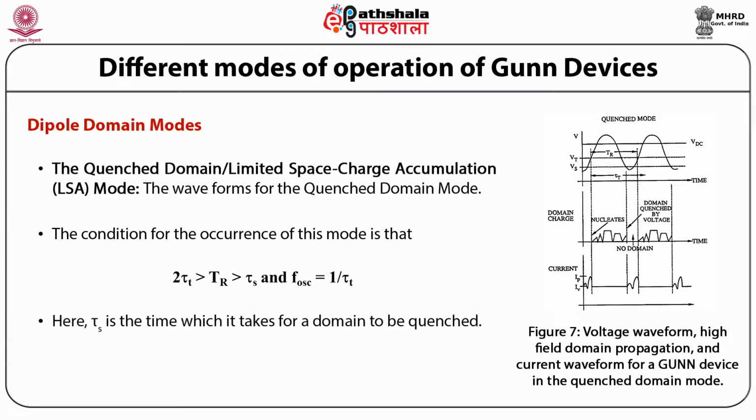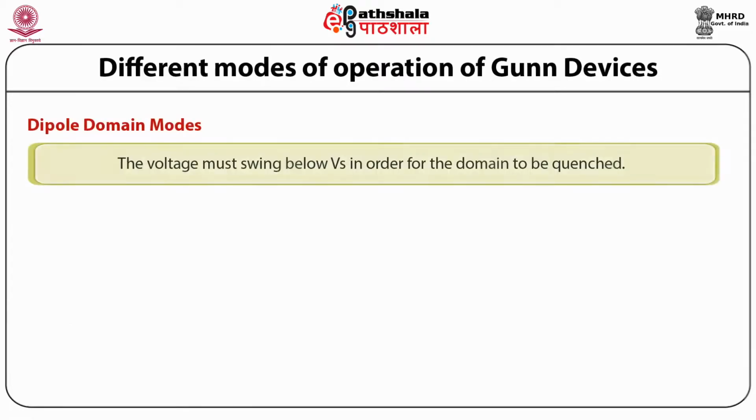Here tau s is the time which it takes for a domain to be quenched. The voltage must swing below Vs in order for the domain to be quenched.